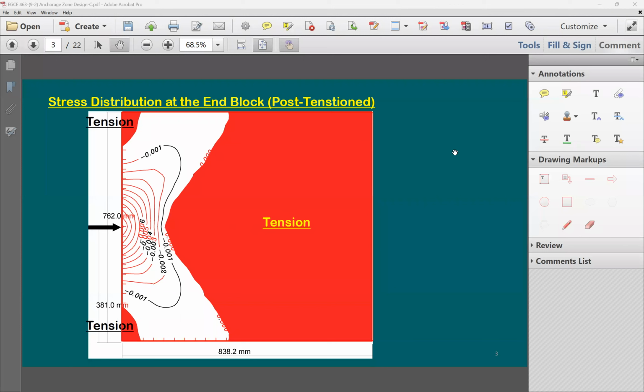The stress that you are looking at here is the stress in the y direction. If you call this the x direction, then this direction here is the y direction.